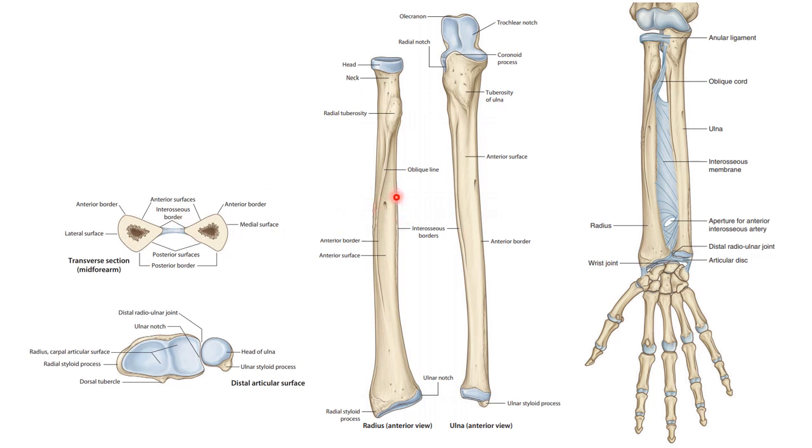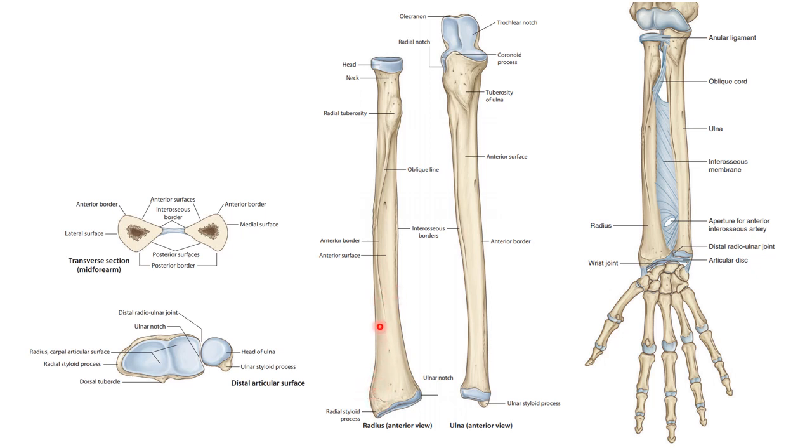So we have three borders. We have the medial border, which meets the lateral border of the ulna, and it is also called the interosseous border. And we have the anterior border, which is oblique, meaning curved, so this is called the oblique line. And the posterior border is covered by muscles and we cannot palpate it through the skin.